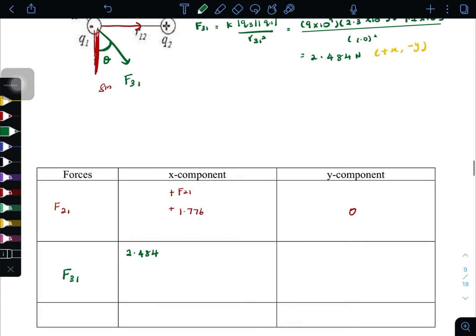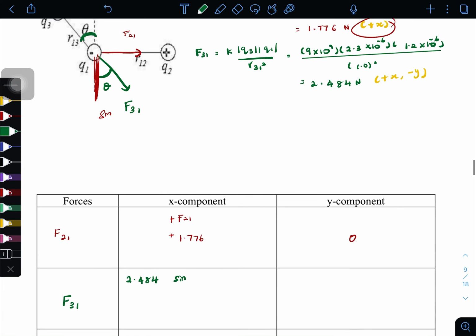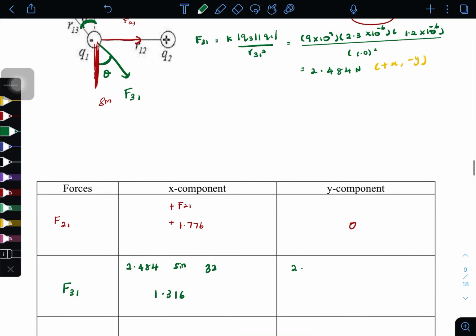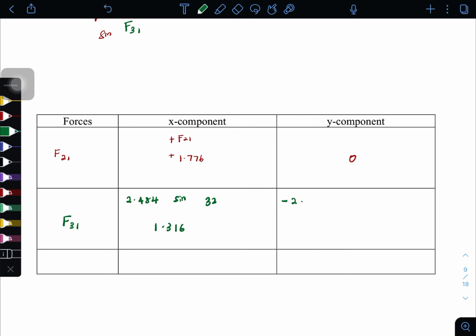So sin theta, theta is given 32. So kalau kamu kira, kamu akan dapat 1.316, and this one, dia berada di negative y, negative 2.484 cos 32, so you akan dapat negative 2.107.